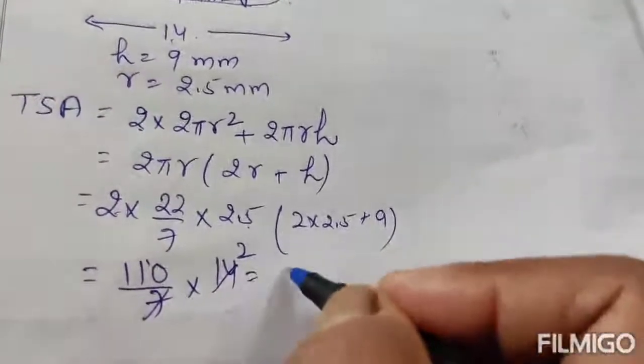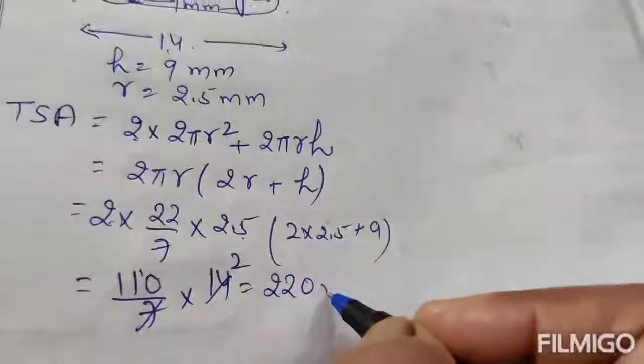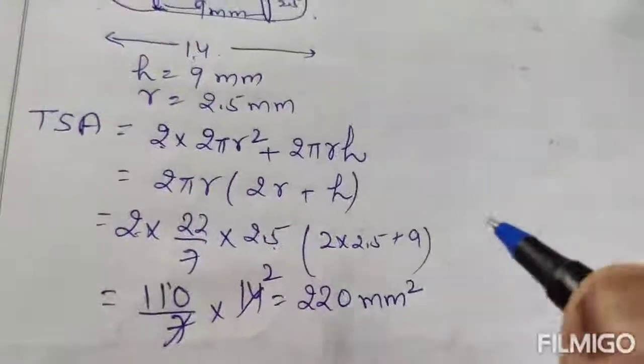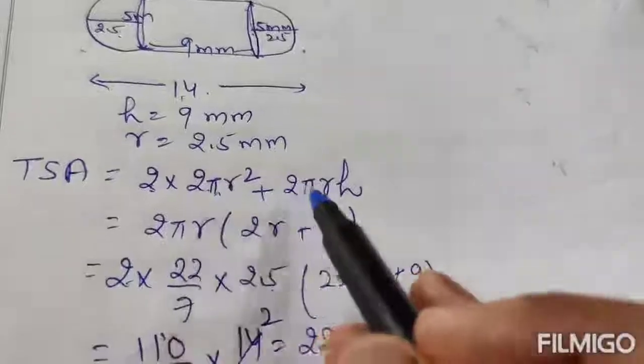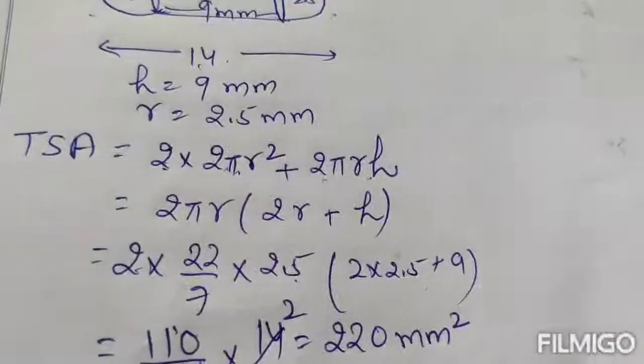The answer is 220 millimeter square. This is the TSA. TSA means CSA of 2 hemispheres, 2 into this, and CSA of cylinder, 2 pi r h.